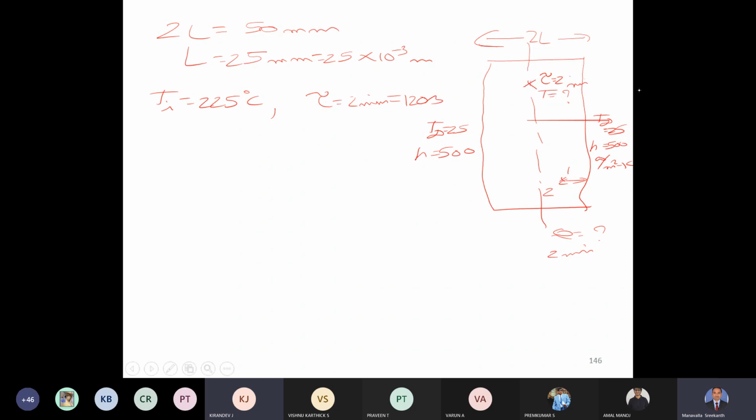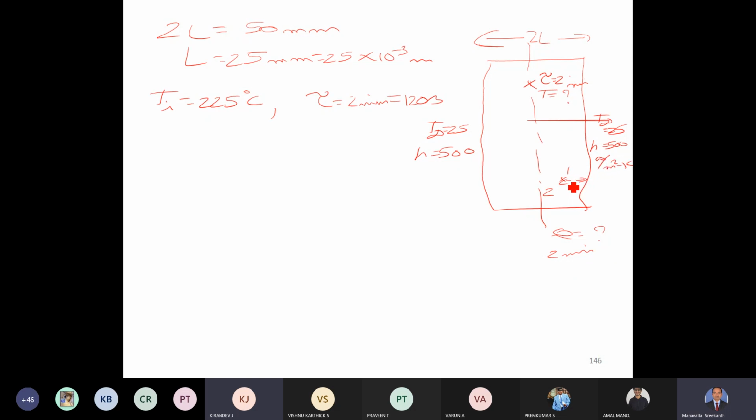Three questions are asked. After 2 minutes, what is the center temperature? What is the temperature at a location of 1 centimeter depth? You can see that the width of the plate is 50 millimeters, so half width is 25 millimeters, that is 2.5 centimeters.